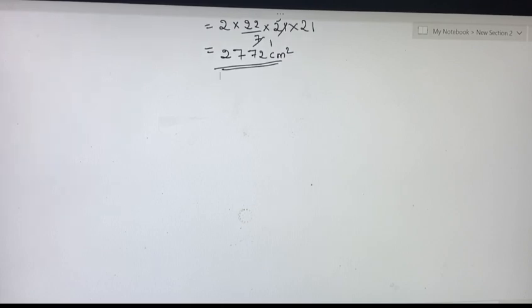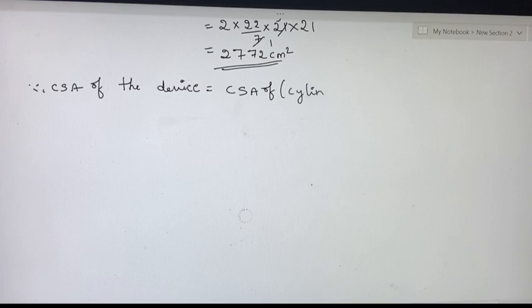So now we need to find the CSA of the device. Therefore, CSA of the device is equal to CSA of, first, the cylinder. I have taken CSA as common. Cylinder plus frustum plus the last one, hemisphere.